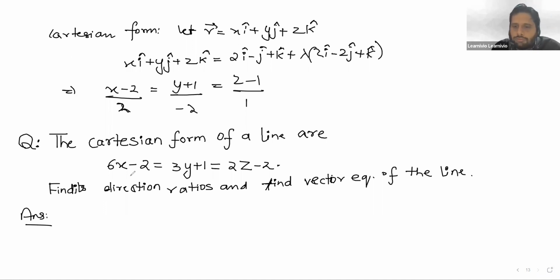Who can tell me, Fard, what is a Cartesian form of a line? Type 1. First, what is a Cartesian form? Abdur, what is the type 1 Cartesian form?